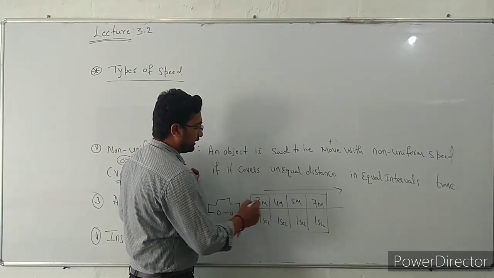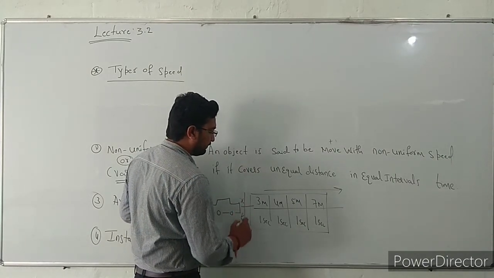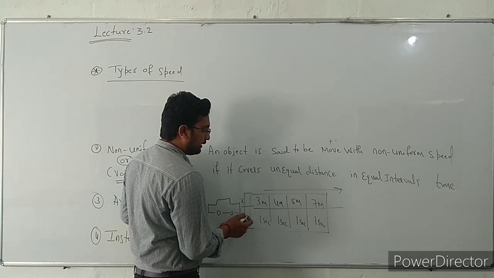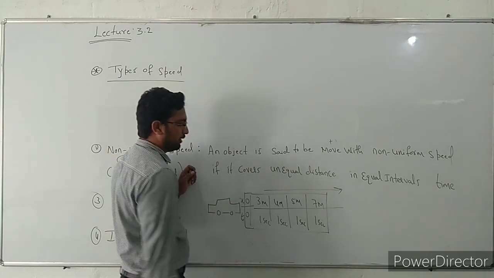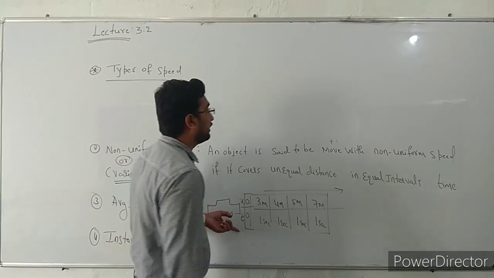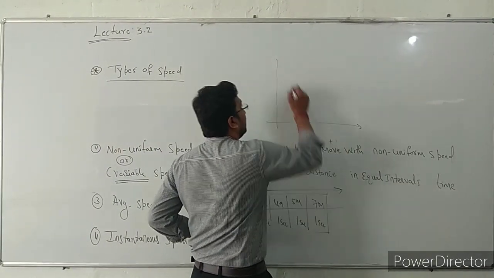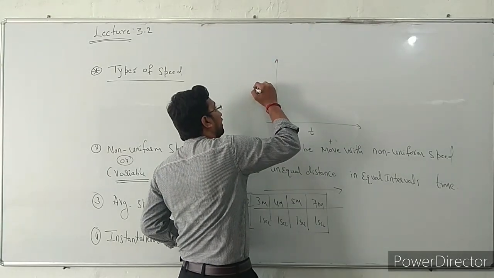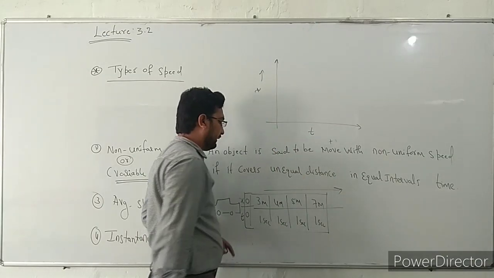See, this is the position, that is x, and this time interval is t, right? Initially at t equal to 0 seconds, the position is also 0. Next we will draw a graph. Time is taken along the x-axis and distance along the y-axis.